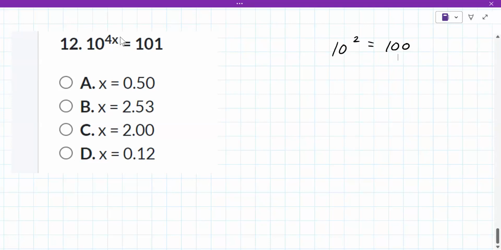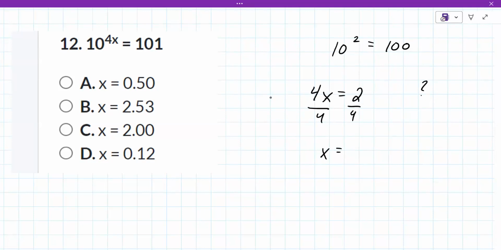Now 10 to the 4x is a little bit different than 2, but is there a way to make 4x equal to 2? You divide by 4 first. So x equals 2. Try again. No, wait, I'm sorry, I was thinking of 2 divided by 4.